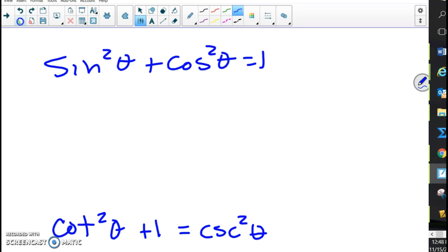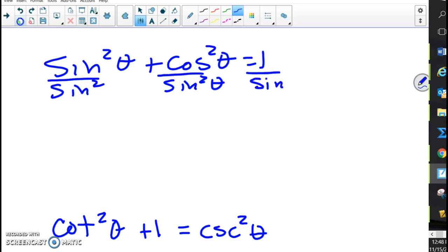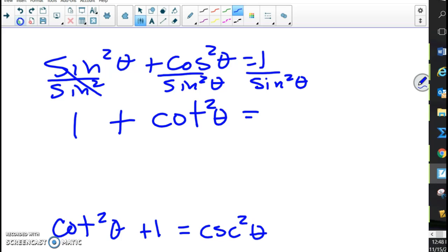We're going to divide everything by sine squared theta. And of course now you guys are thinking, okay, what are these identities? Sine squared over itself is 1. Cosine over sine is cotangent. It's the inverse of tangent. It's cotangent squared theta. And of course 1 over sine, that is our relationship, cosecant squared theta.